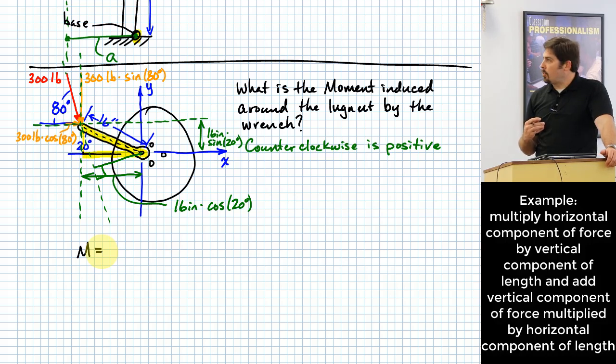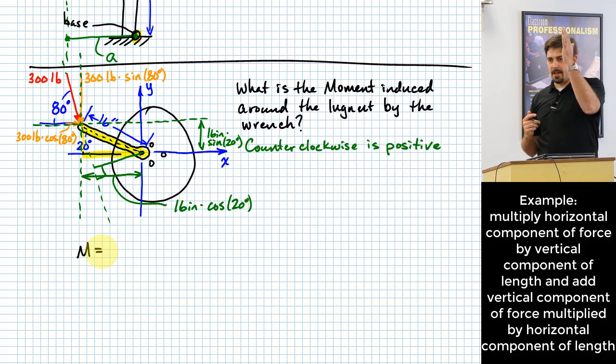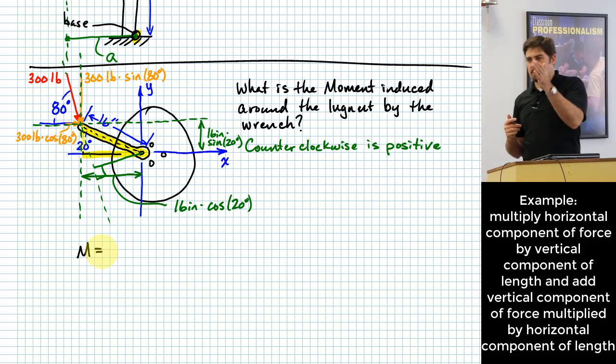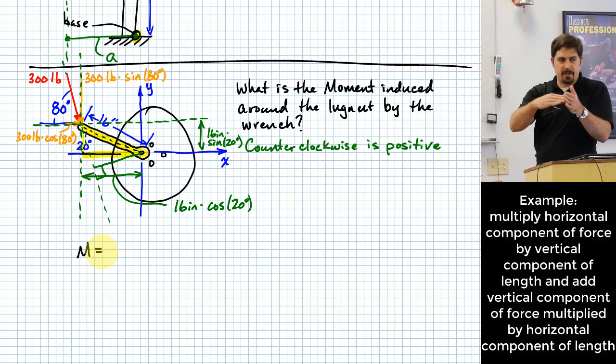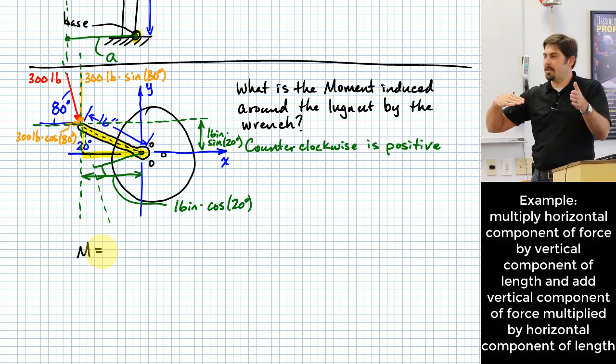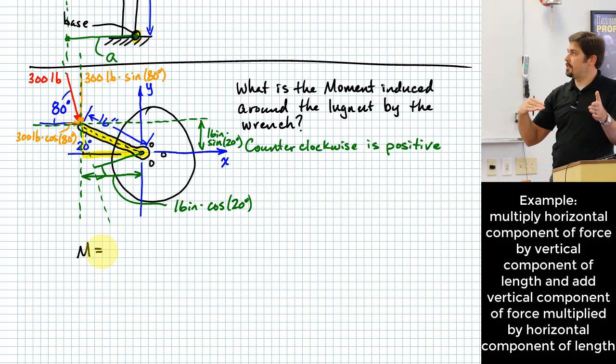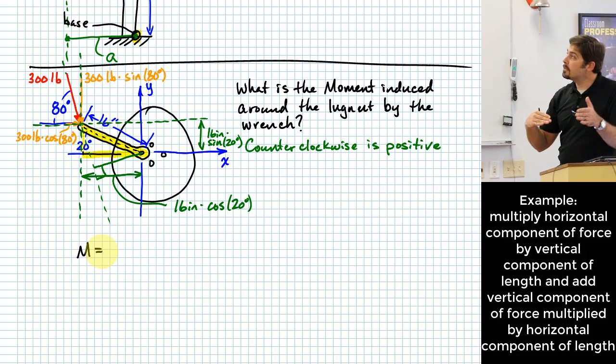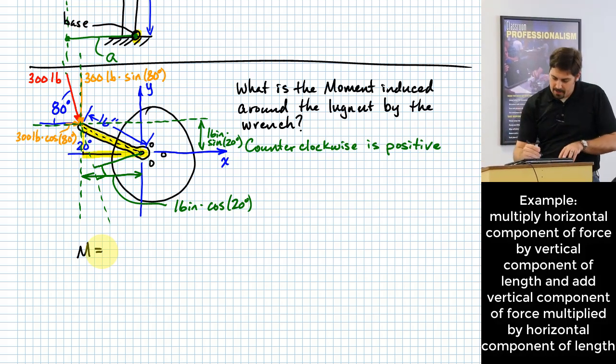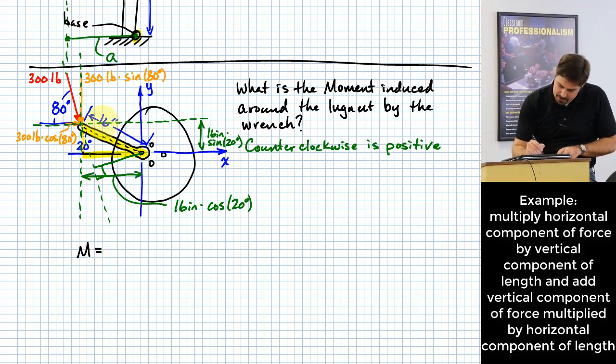Okay, so what do I add? Okay, I've got to make sure I'm using a force value multiplied by a perpendicular length. Right, that's what I'm doing here. So which one do you want to start with? Okay, 300 pound sine of 80. That tends to rotate it in the counterclockwise direction, right?